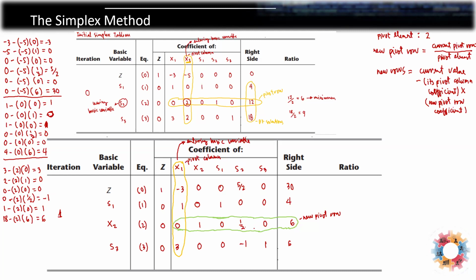And how do we do that? We do that by using the minimum ratio test. Remember the minimum ratio test? You divide each value in the BF solution by the corresponding entries in the pivot column, right?